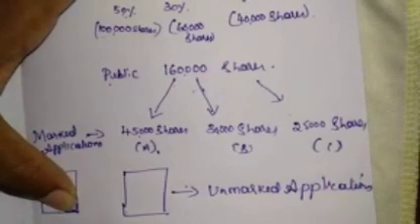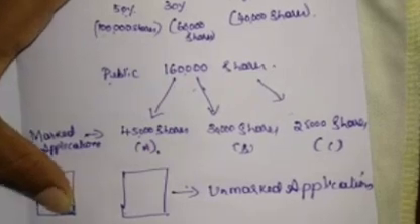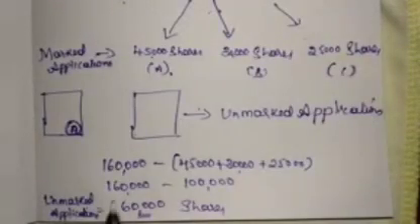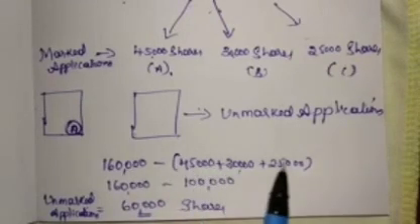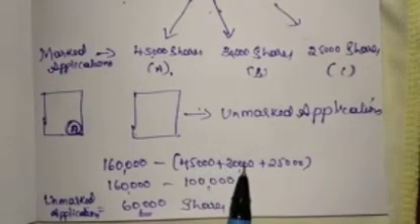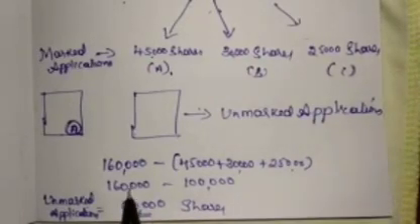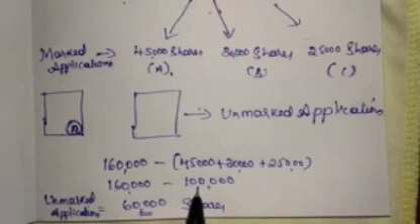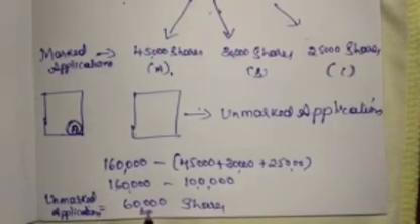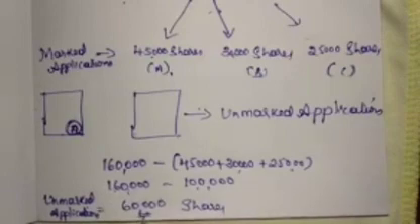You got it? Total applications 1,60,000, marked 1 lakh, so unmarked application is 60,000 shares.